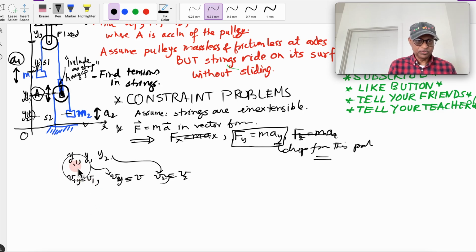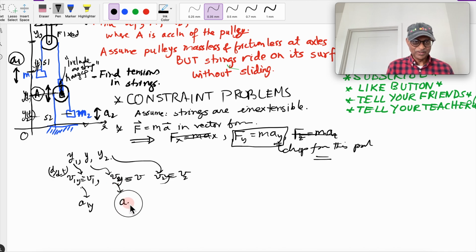So the way you go from here to here is d/dt. Take the time derivative of this, it gives you this. Time derivative of this gives you this. From here, I'm going to have acceleration a1y. I'm going to just keep it like that for now.